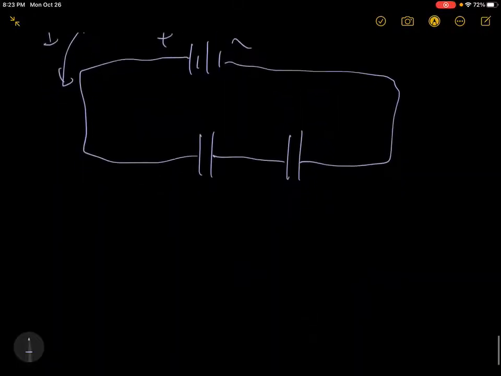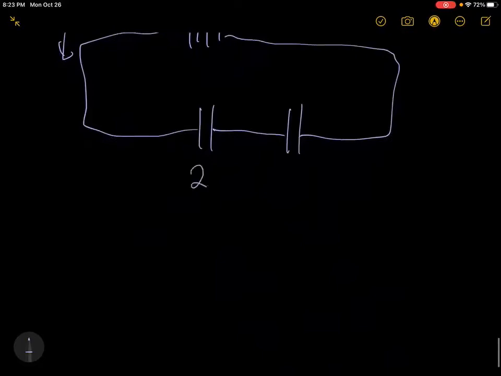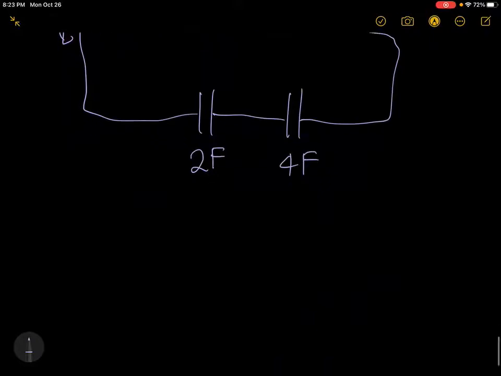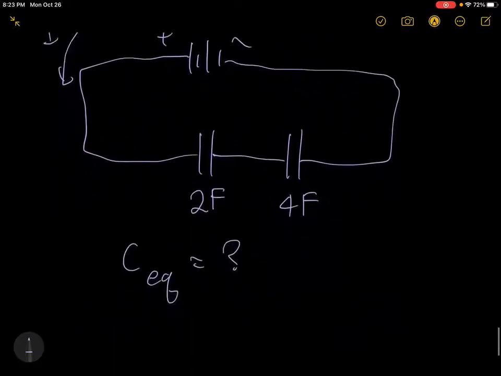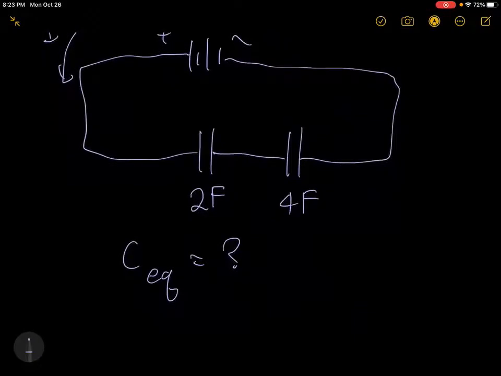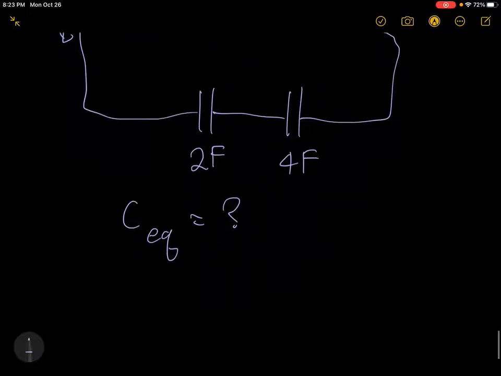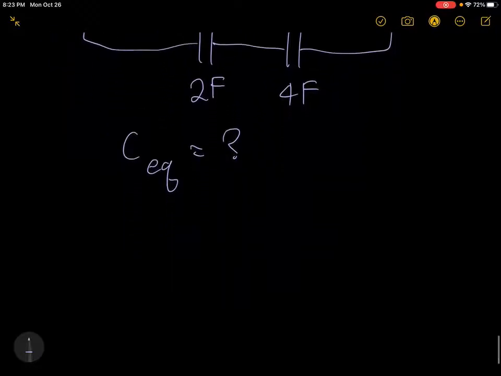Let's say this has a capacitance of 2 farads, and this has a capacitance of 4 farads. First of all, let's say we need to find what the equivalent capacitance is. What is the equivalent capacitance? Equivalent capacitance is a term for what the capacitance would be if you were to combine these two capacitors into one, which had the same effect as both of them combined.